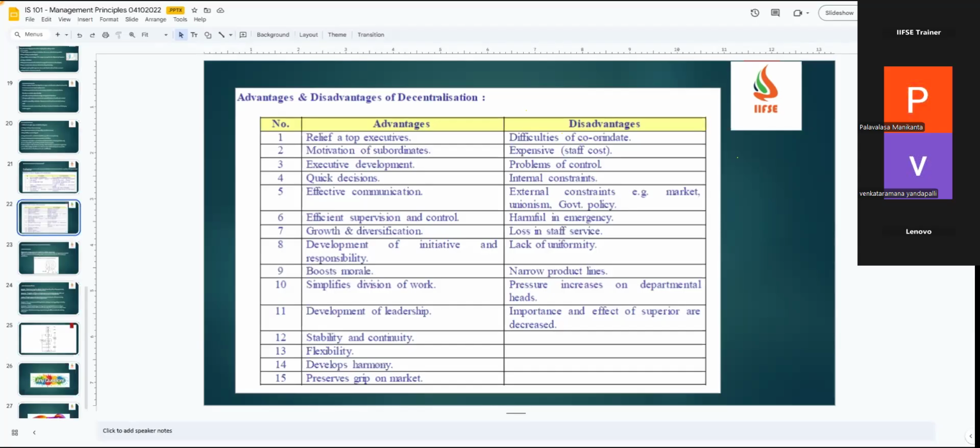Then problem control, internal constraints. Floods, as an act of God, I take as an example. When I say floods, it is also a controllable thing, but it talks about infrastructure and requirements.